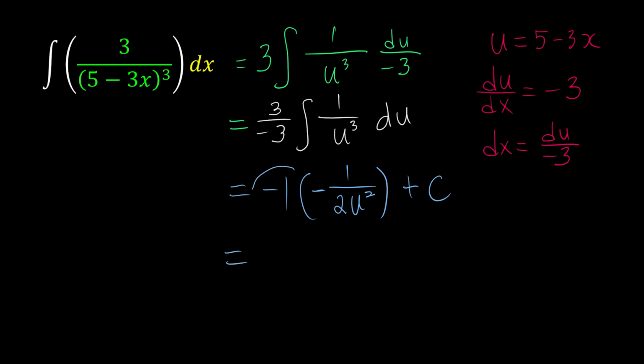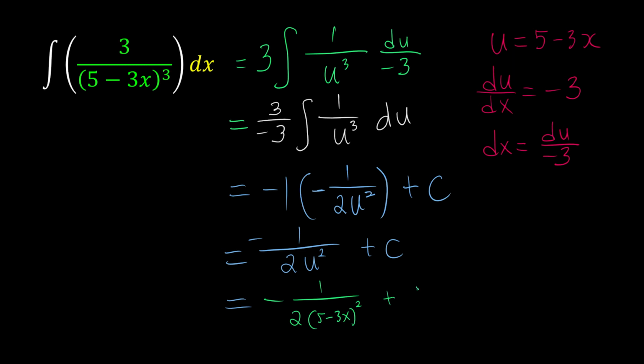Then we have negative 1 times 1 is negative 1, times negative 1 is 1. Then we have 2u squared plus c. Then we are done. But don't forget to replace back the u with the x. So we have negative 1 over 2 times (5 minus 3x) squared plus c.